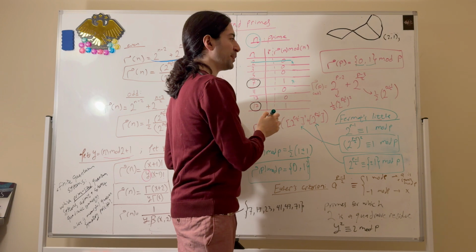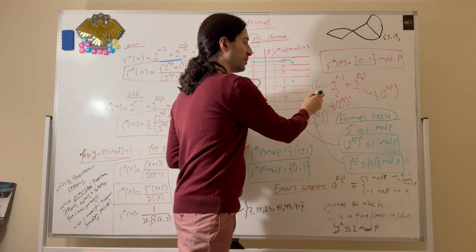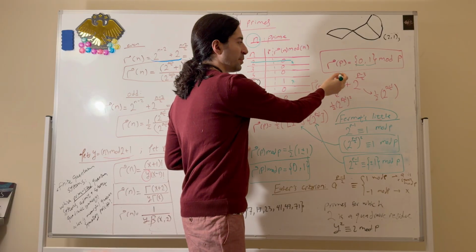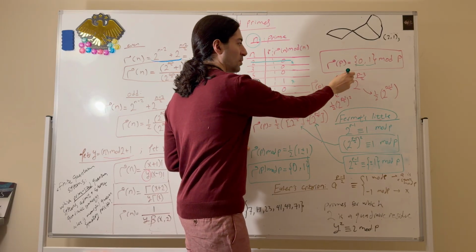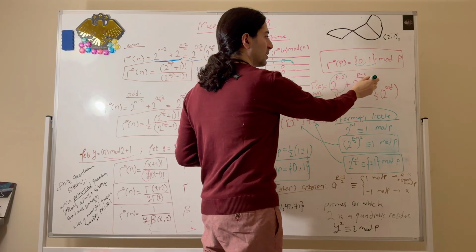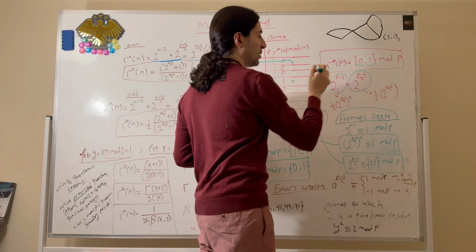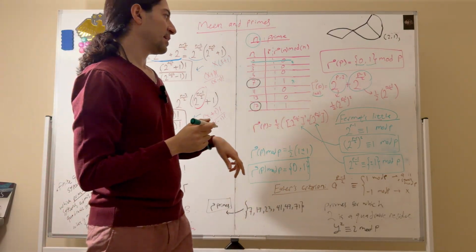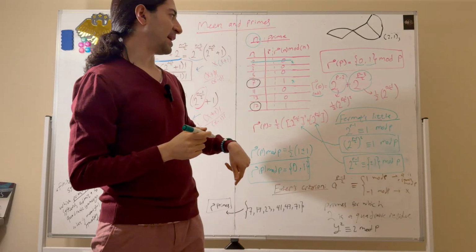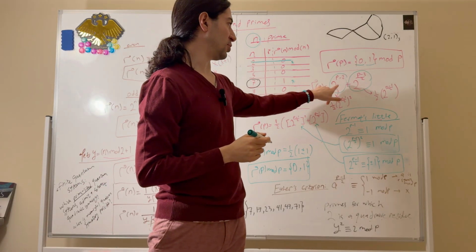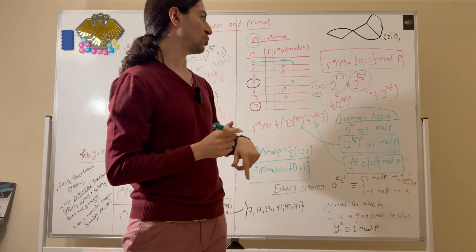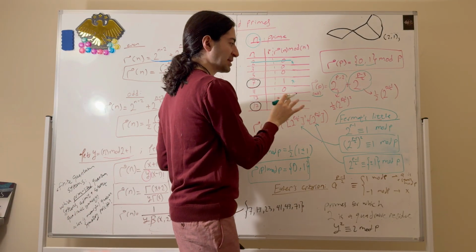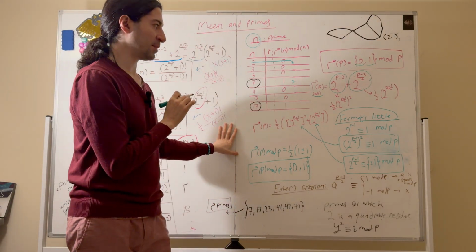So meem of p, when p is odd, is equal to 2 to the p minus 2 plus 2 to the p minus 3 over 2. Now 2 to the p minus 2 can be expressed as 1/2 of 2 to the p minus 1 over 2 squared, and you'll see why we're going to express it this way.